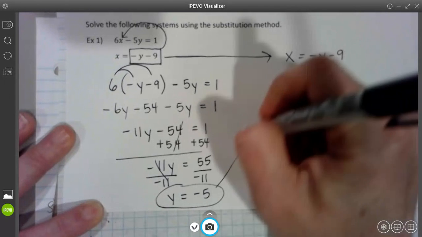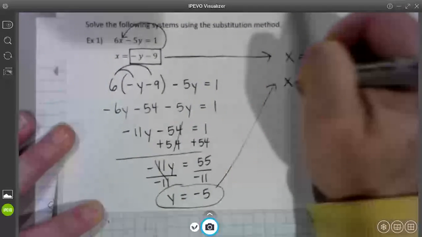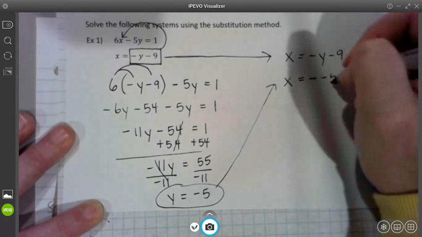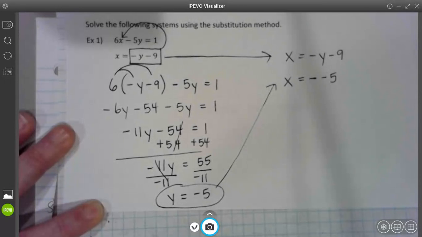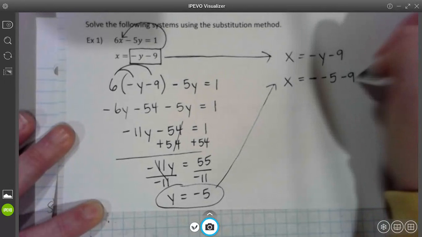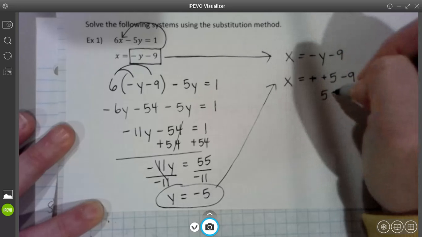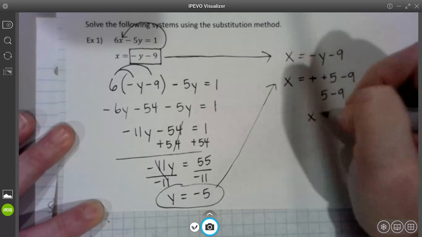So I'm going to plug my negative 5 in. So x is equal to, there's a negative sign in the equation. I'm plugging negative 5 in for y, so that's going to be negative negative 5, and then minus 9. A negative times a negative turns to positive, and then 5 minus 9, you find out that x is negative 4.